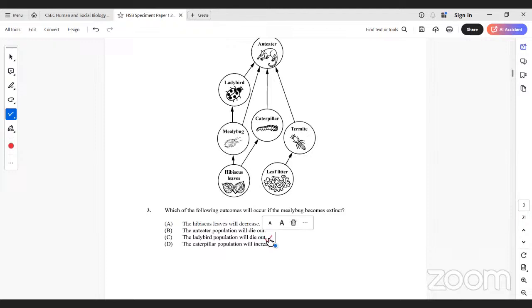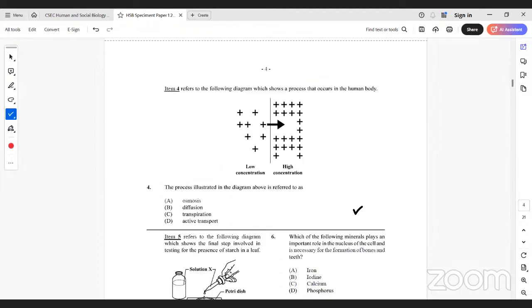That has to be it. C. I'm not getting to shade on this paper. I don't know why, but C is the answer. Wonderful. And everyone is on track.